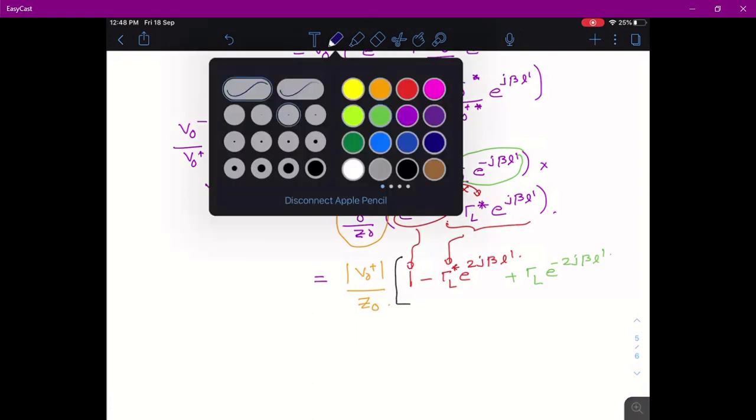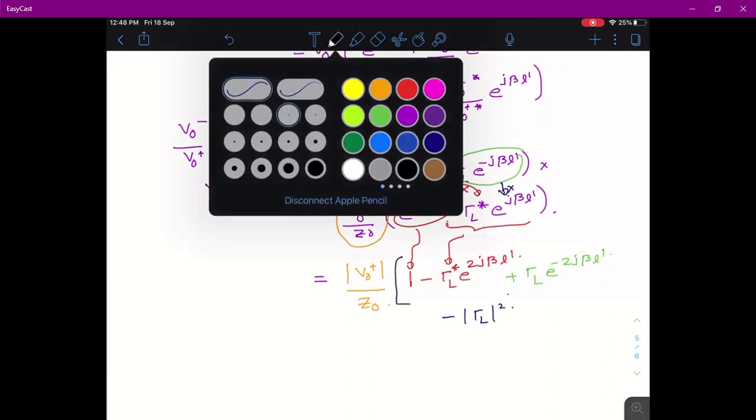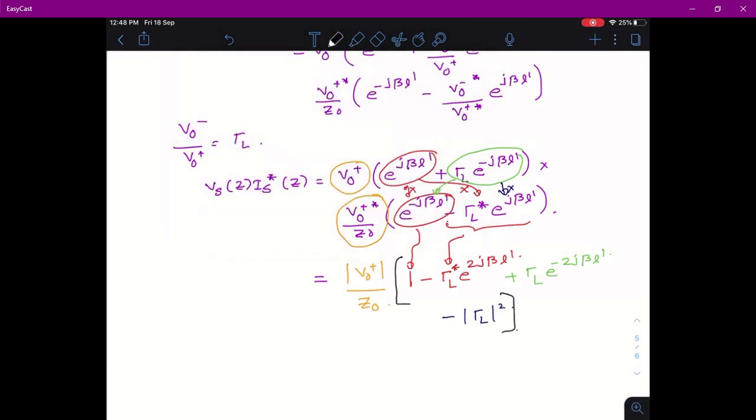And at the last, if you multiply these two, you will get minus mod tau L square, because you have e raised to minus j beta L dash into e raised to plus j beta L dash, which become 1.